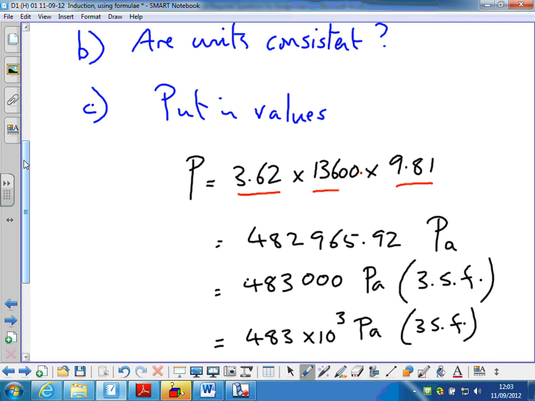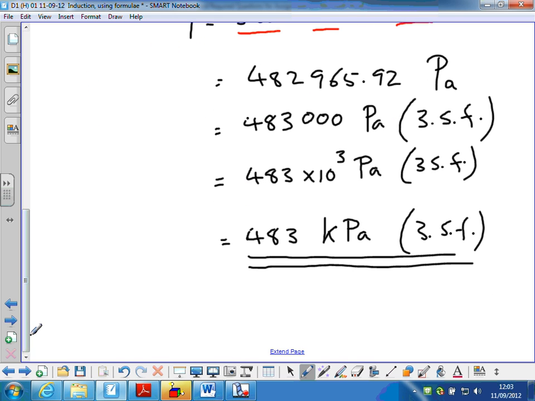You work it out, you present your results like this, and there's your final answer. It's going to be 483 kilopascals to 3 significant figures, not 482,965.92 pascals. Can you see the difference between those two when demonstrating competence to someone at work?